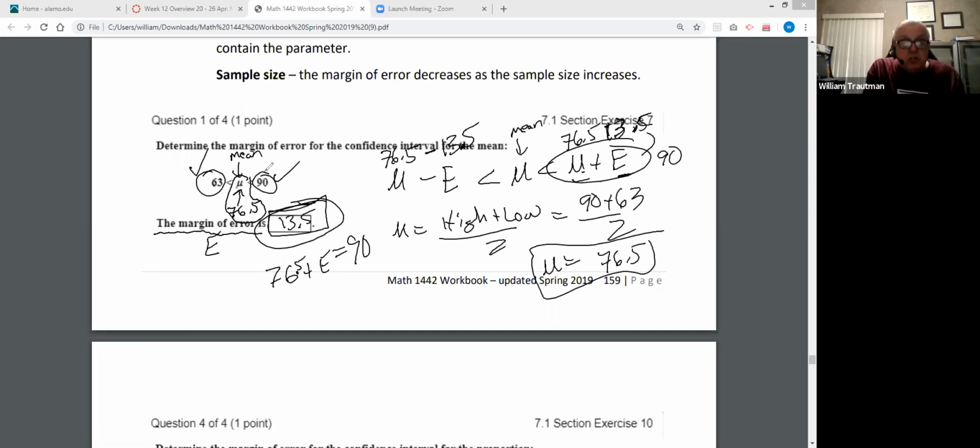So you find the average between these and then find out how far apart they are. They're going to be the same on both sides, 13.5 away. 76.5 plus 13.5 is 90, and 76.5 minus 13.5 is 63.